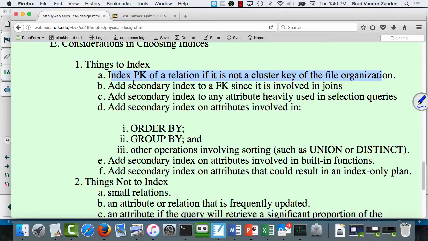And for the same reason, you put secondary indices on foreign keys, because joins are a frequent operation and they're going to be heavily involved in joins. Then any attribute that is commonly used in a selection query. So for example, you might index salary.